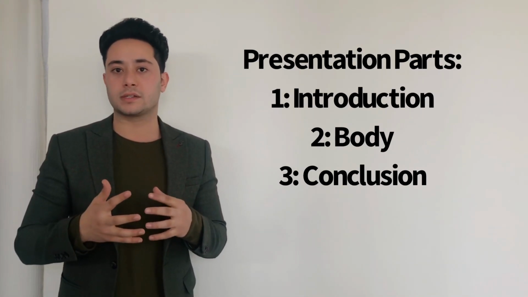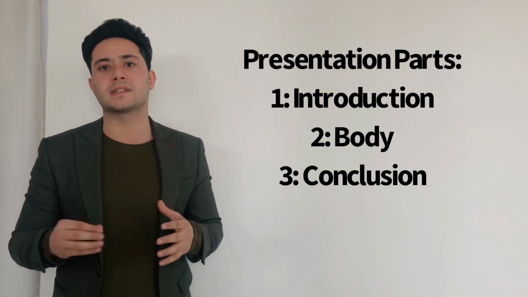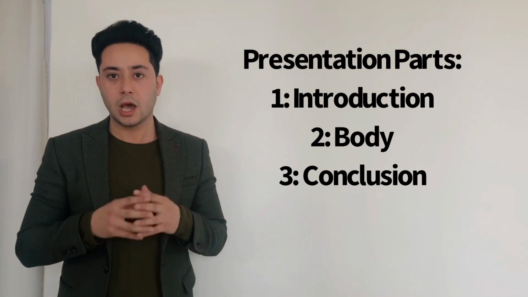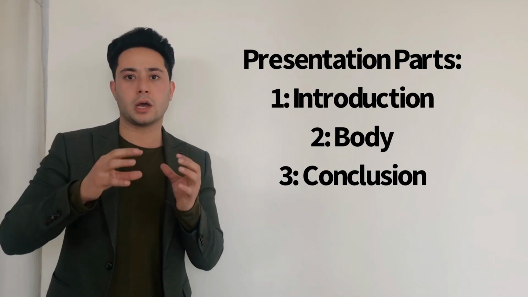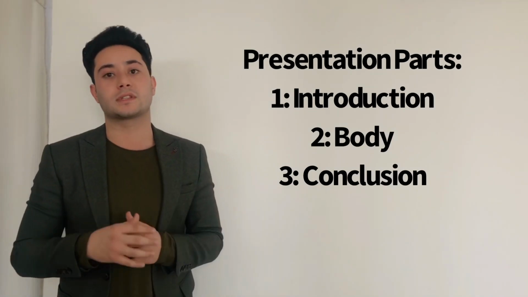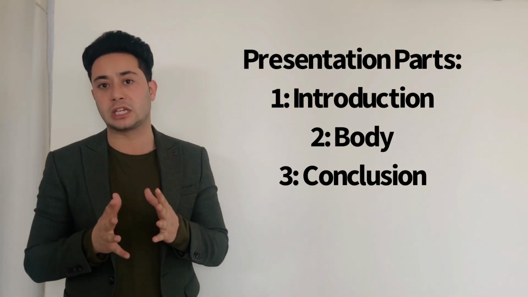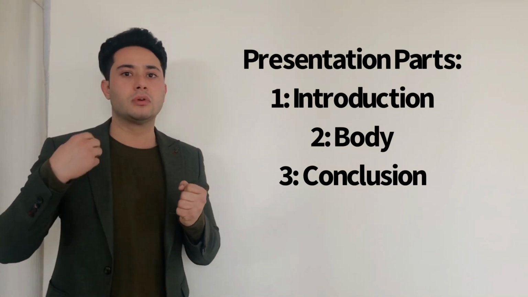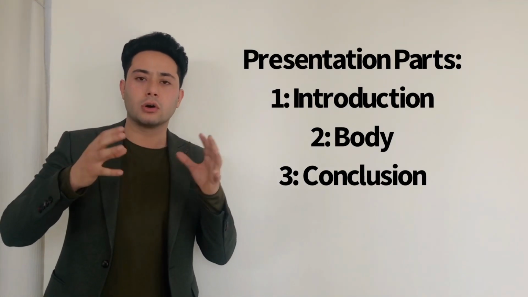And the second one is called body. We should have some supporting sentences to support the introduction or to support the title of presentation, and all the supporting sentences exist in the second part of our presentation, which is called body. And the third part of our presentation is called conclusion. It means that we need to give a result to the listeners, or we need to have a conclusion.